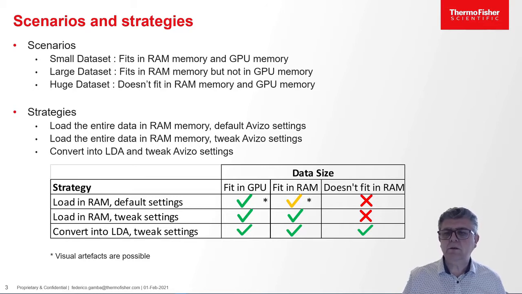Another one, you load everything in RAM because you can, but then you tweak your preferences because otherwise you see artifacts. And finally, the last one, for the most complex case, you do an offline conversion of your data into a proprietary file format we have for large data, and you tweak settings according to your data set.